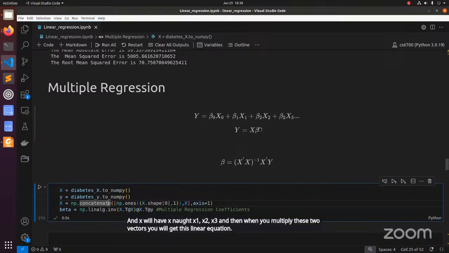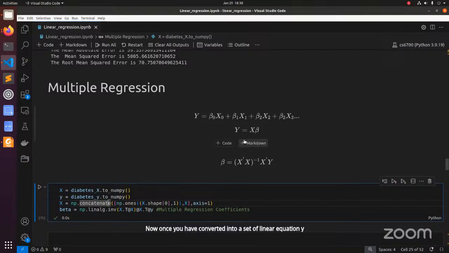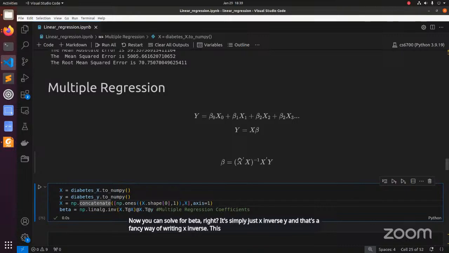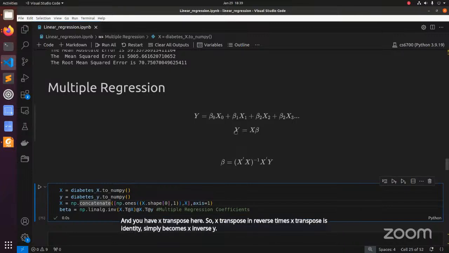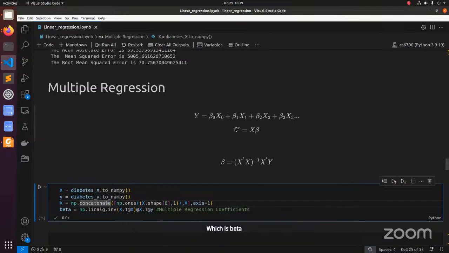Now once you have converted into a set of linear equations, y equals x beta, you can solve for beta, right? It's simply x inverse y, and that's a fancy way of writing it. This is like a pseudo inverse, which is x transpose x inverse. If you take the inverse inside, it becomes x inverse times x transpose inverse, and you have x transpose here. So x transpose inverse times x transpose is identity. It simply becomes x inverse y, which is beta equals x inverse y.